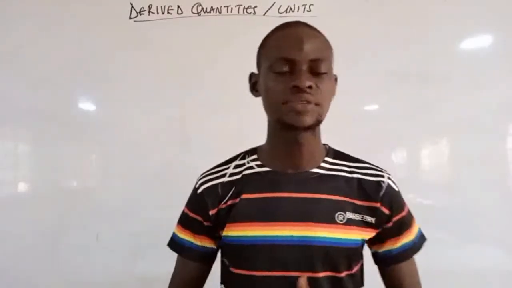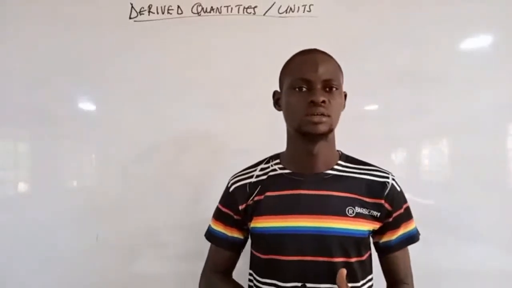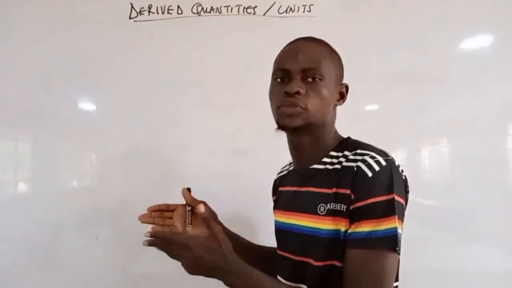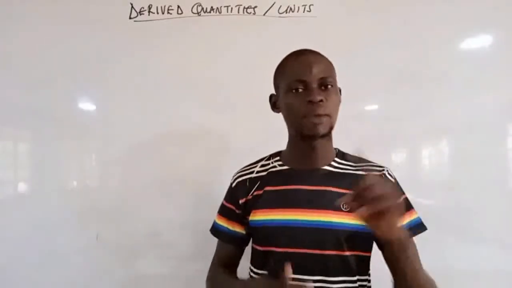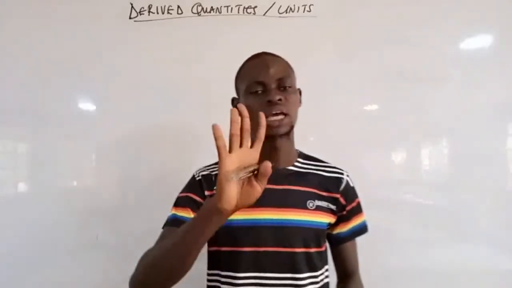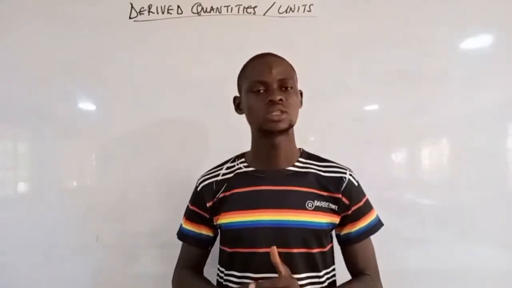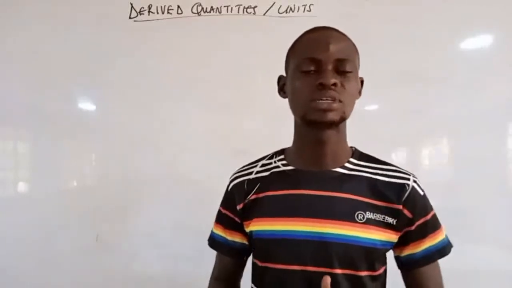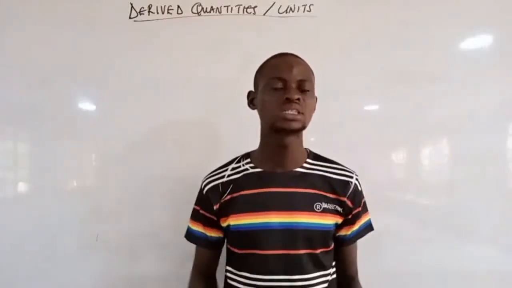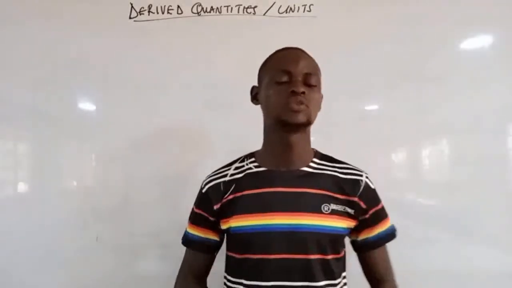Majorly, all quantities in physics are classified as derived quantities, with the exception of the few listed in my previous video. Don't forget that in my previous video, I said we can only have 7 fundamental quantities in physics. That means, with the exception of these 7 fundamental quantities, any other quantities are derived quantities. So please take note of that.